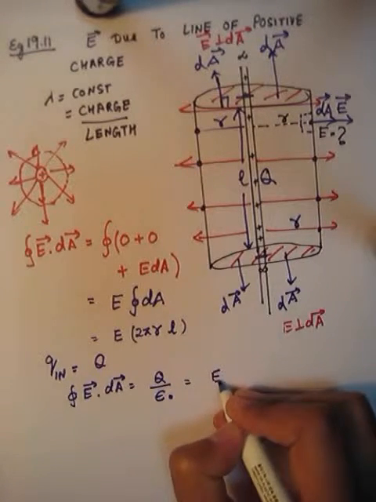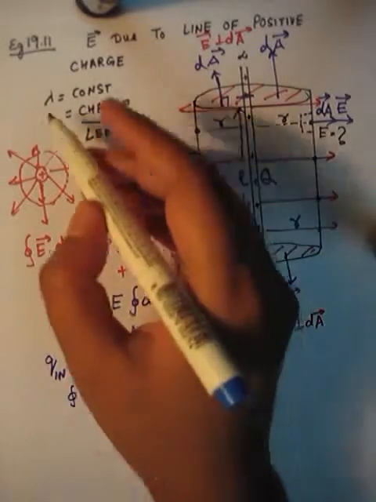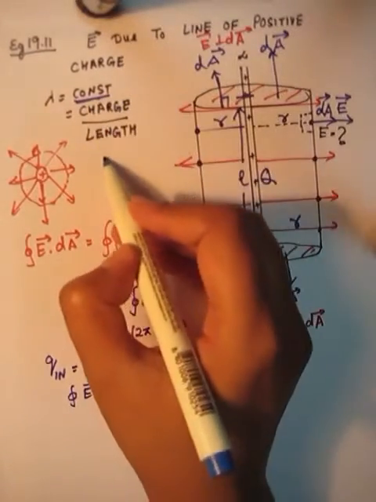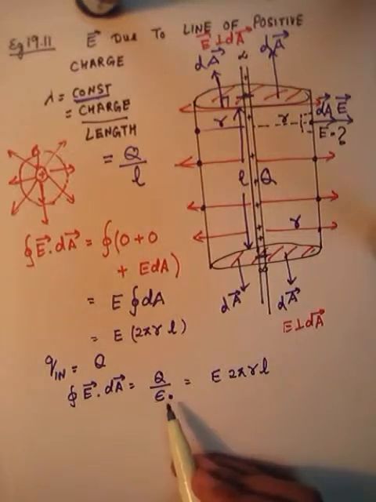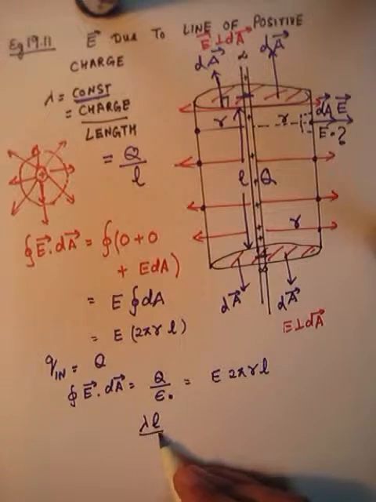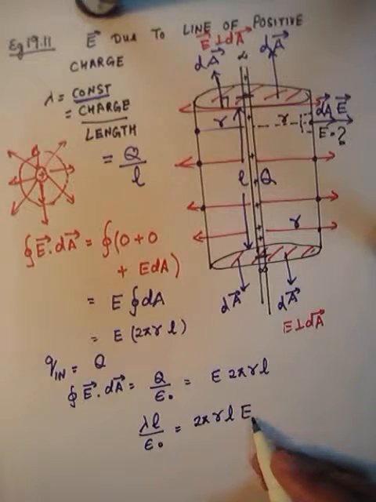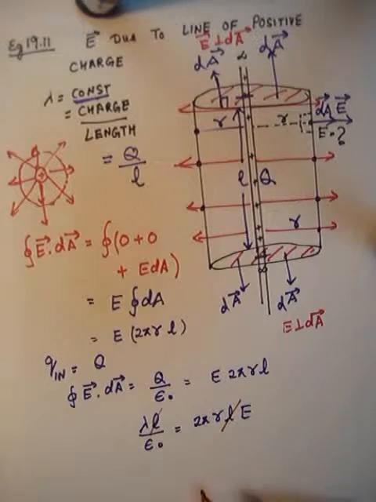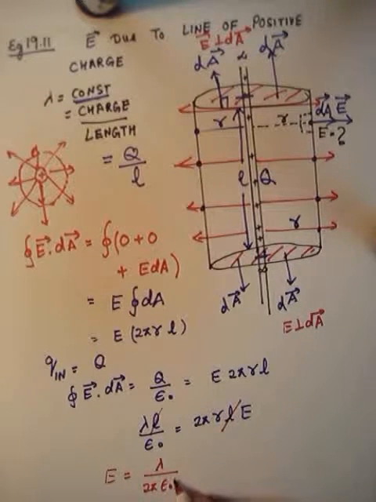It will be E times 2 pi r L. Because lambda is given to be charge per unit length and it is constant, it should also be equal to Q upon L. So Q can be replaced by lambda L, giving 2 pi r L times E. L will cancel with L and the electric field will be lambda upon 2 pi epsilon naught r.